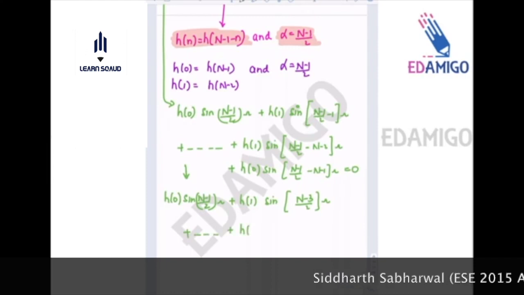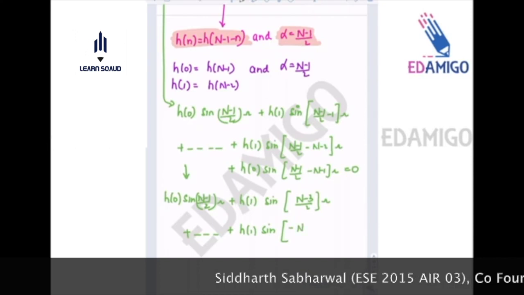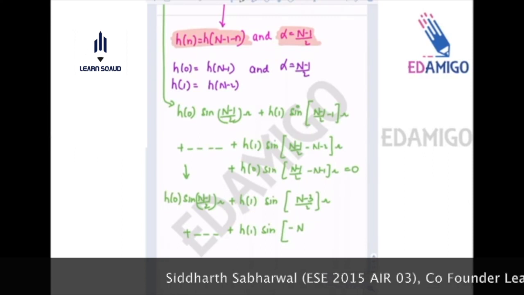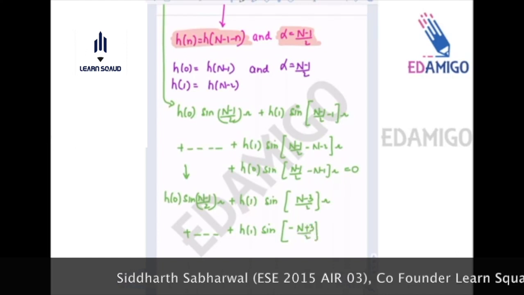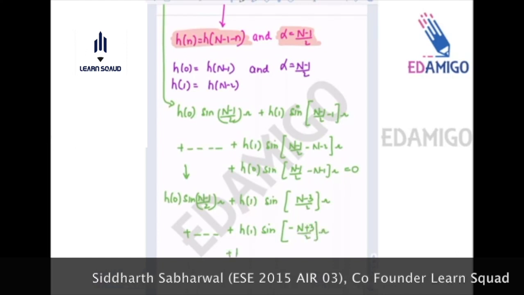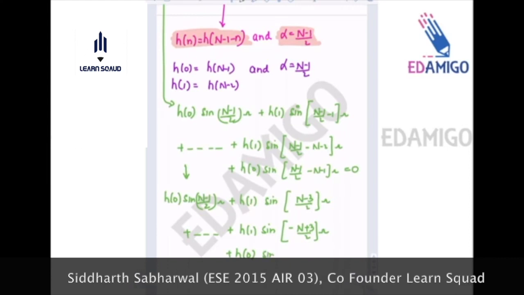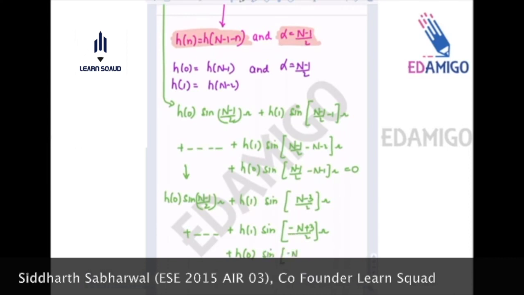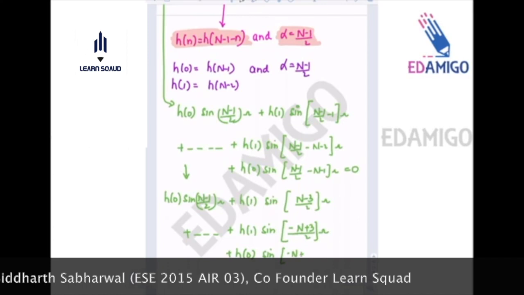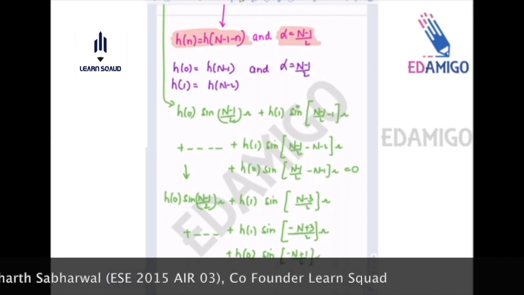The second last term will be sin of (minus N plus 3)/2 σ, and the last term will be h0 sin of (minus N plus 1)/2 σ.